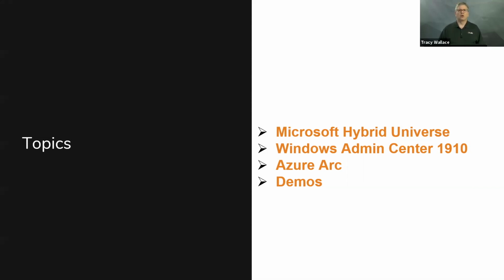What are the topics that we're talking about? We're going to start out with the Microsoft Hybrid Universe, and that is my title. Then we're going to dive into two different tools. The first is Windows Admin Center 1910, which is effectively the fall release of the Windows Admin Center, and I'm bringing it up in an Azure infrastructure management environment because it's got some pretty cool add-ins. Then we'll look at what Azure Arc is and how you can implement it today.